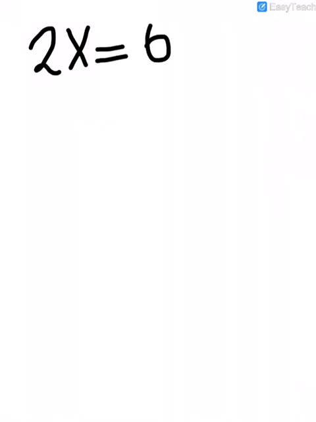Now, what is a matrix inverse? Let's recall the inverse of a number in the area of numbers. Let's say we are going to solve the equation 2x equals 6.